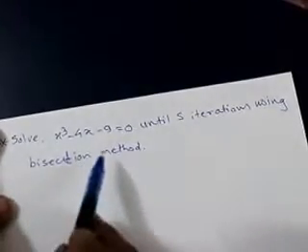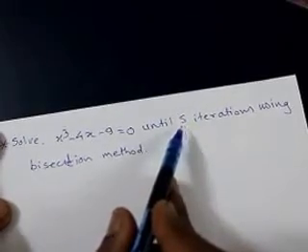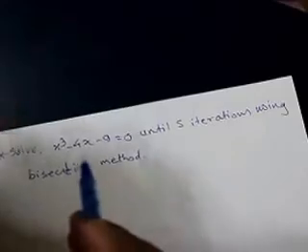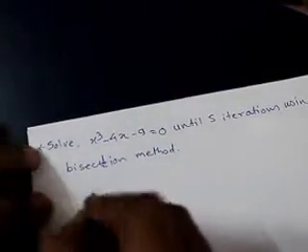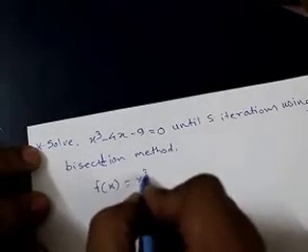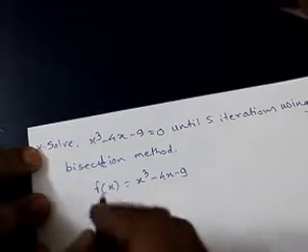As you can see, the number of iterations is given, that is 5, but the bracket in which you have to find the root is not given. So we'll write down f(x) is x cube minus 4x minus 9. This is the equation we have to solve.